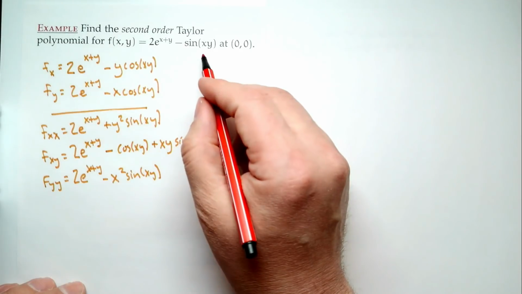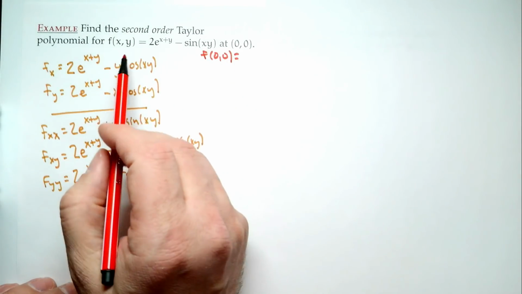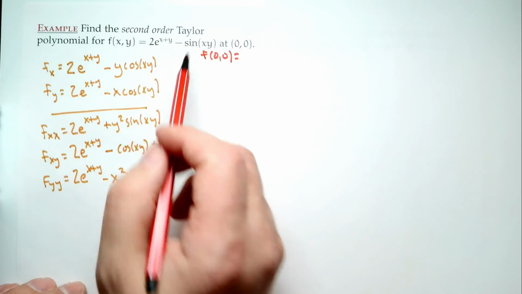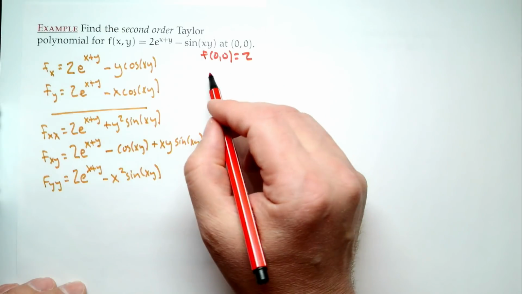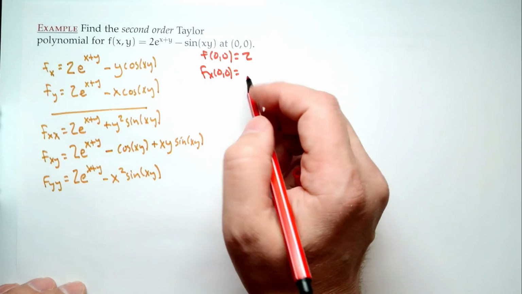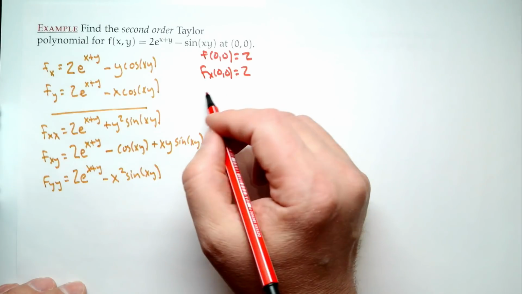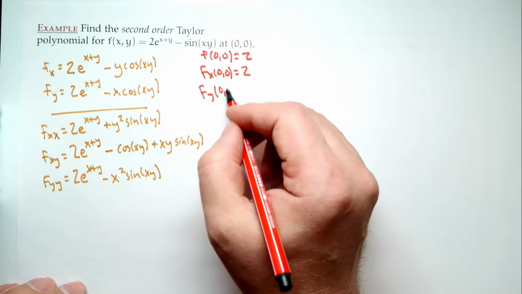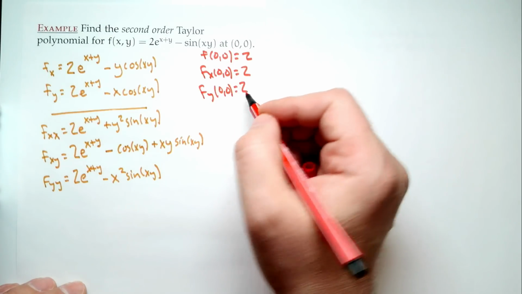Well, what is f of 0, 0? So we plug in 0, 0. 2e to the 0 minus sine of 0 will simplify to be 2. F sub x at 0, 0 will be 2. F sub y at 0, 0 will be 2.